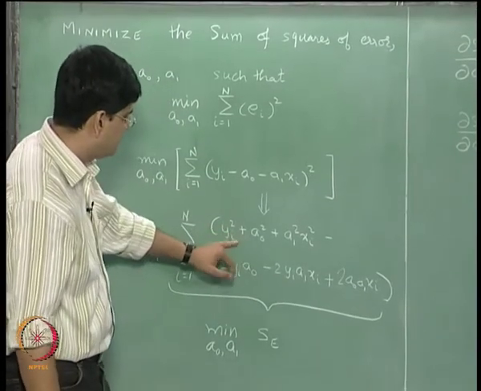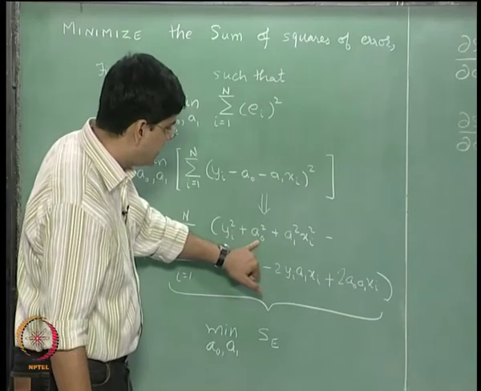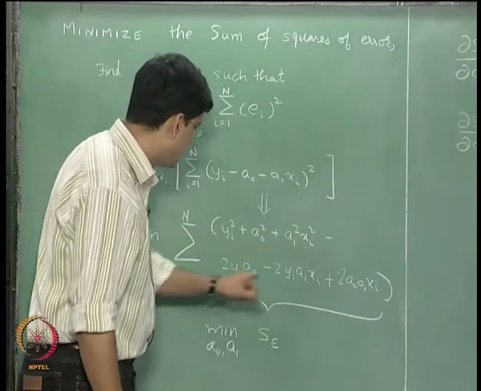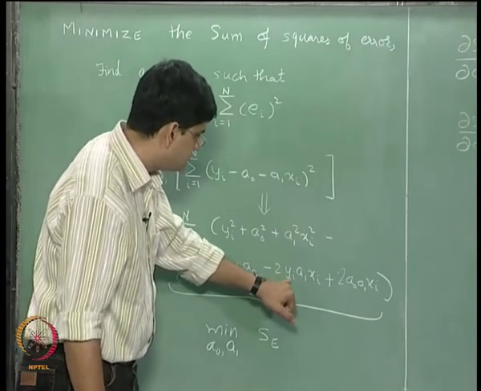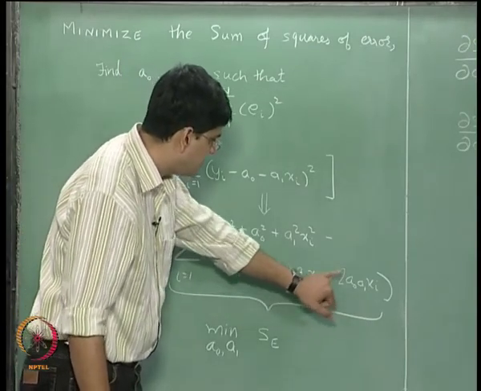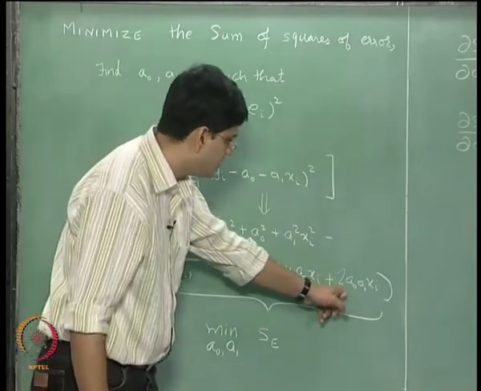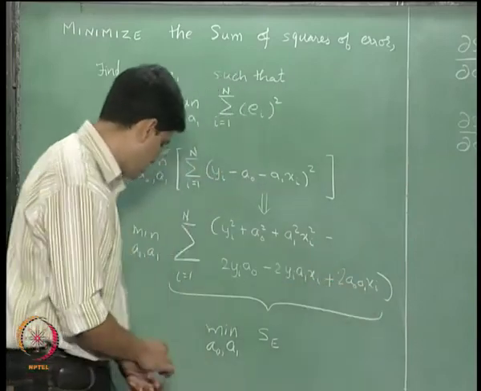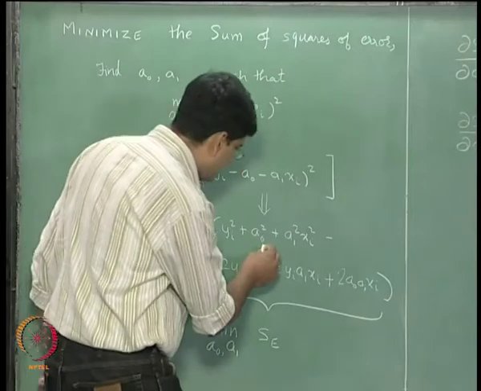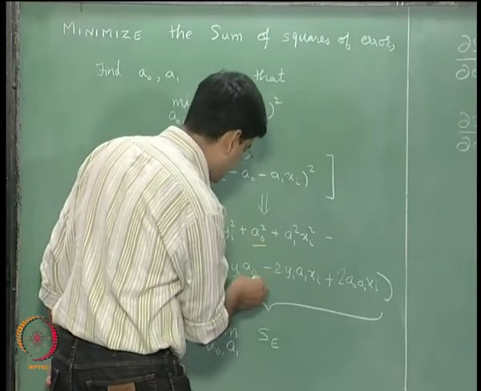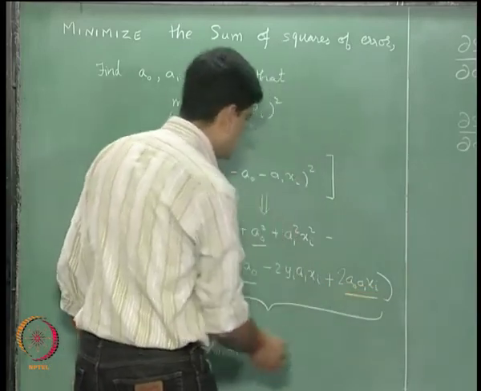Now we are differentiating with respect to a0, so this term will go away, there will be 2 times a0 term, this will go away, 2 times yi term, and 2 times a1 xi will again go away because there is no a0 over here, and there will be 2 times a1 xi term. So the terms that we will retain in dSE by dA0 are these 3 terms.